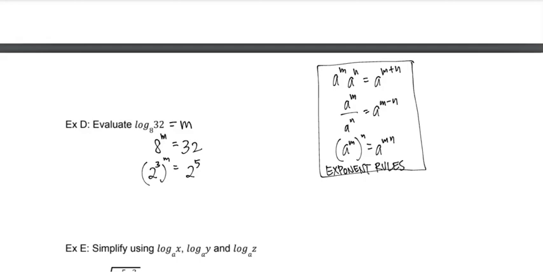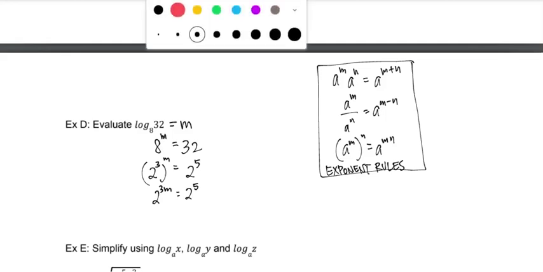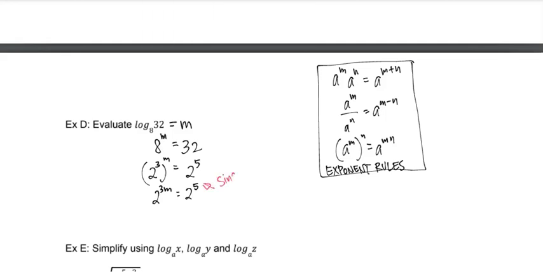So I'm going to use that last exponent rule, the power rule. 2 to the 3 to the m is 2 to the 3m equals 2 to the 5. Now I have a single same base on both sides of the equation. That means that I can equate the two exponents, okay?